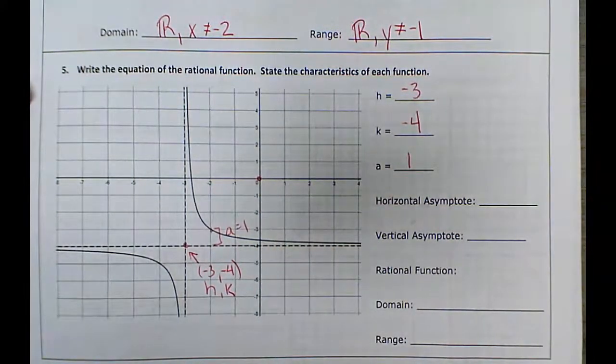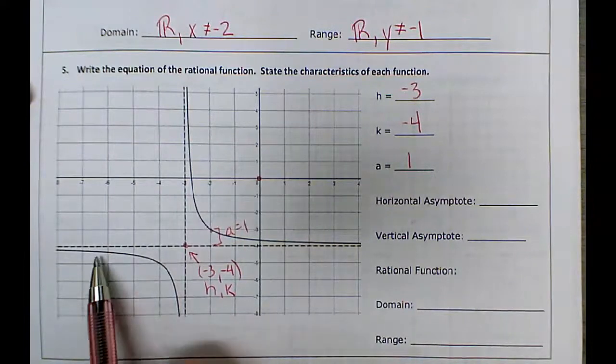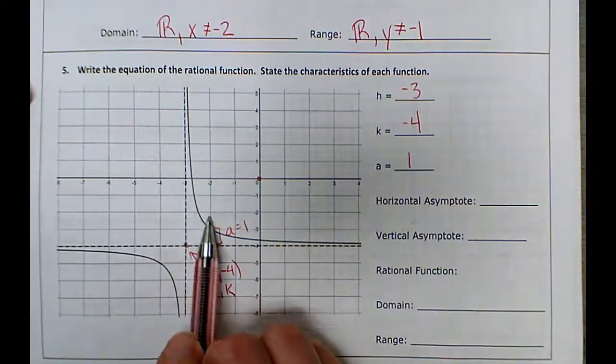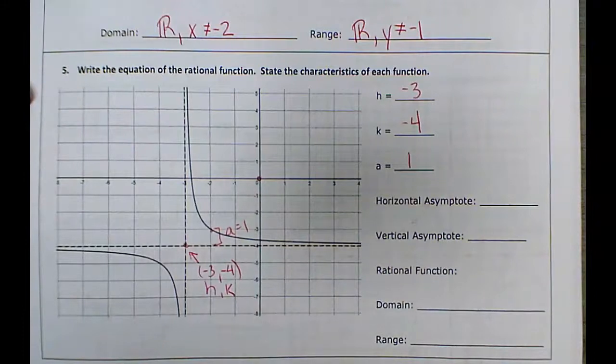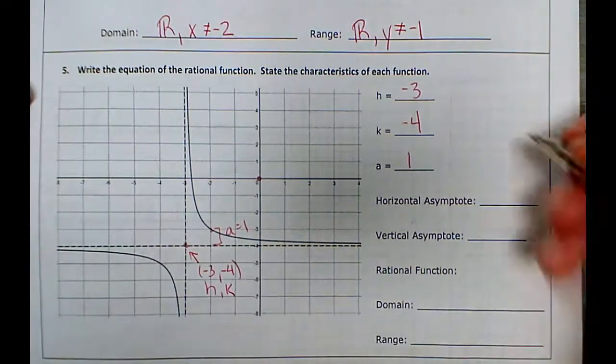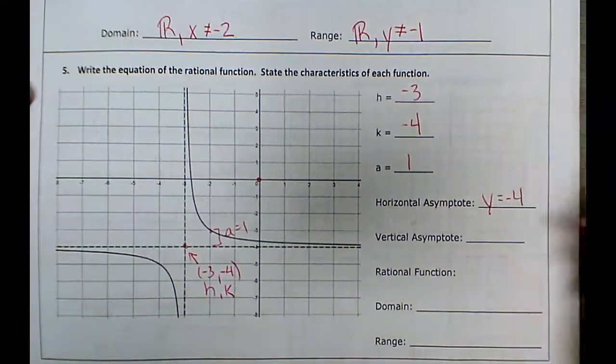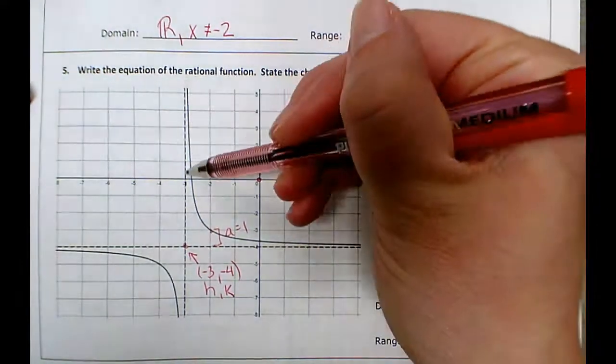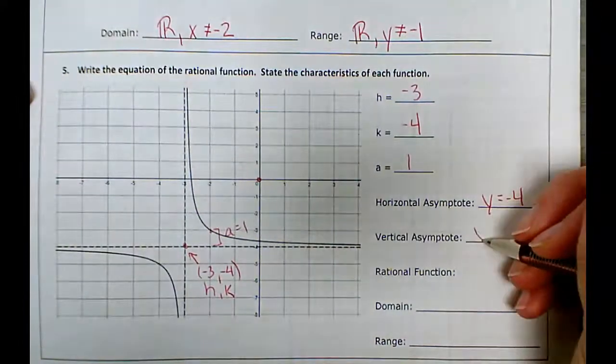That's good. There's no reflection because the hyperbola is on the bottom left and top right of the asymptotes. The horizontal asymptote goes through a y value of -4. The vertical asymptote goes through an x value of -3.